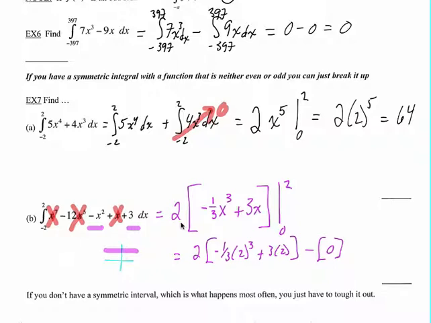Actually, to be technically correct, it should be minus 2 times 0. And this ends up then equaling 20/3. And we're done with the notes.